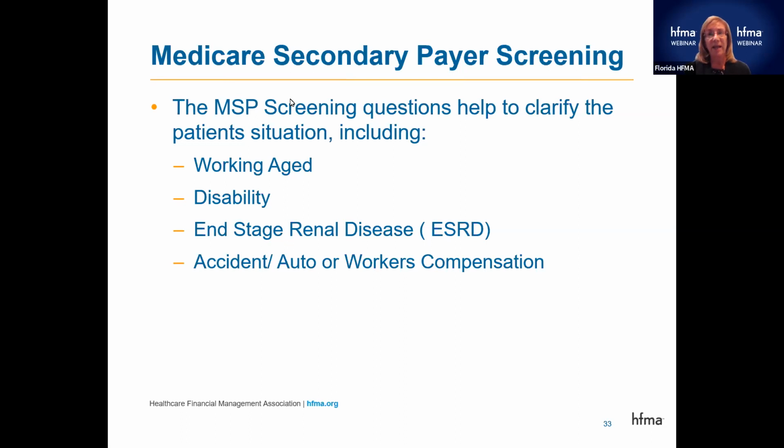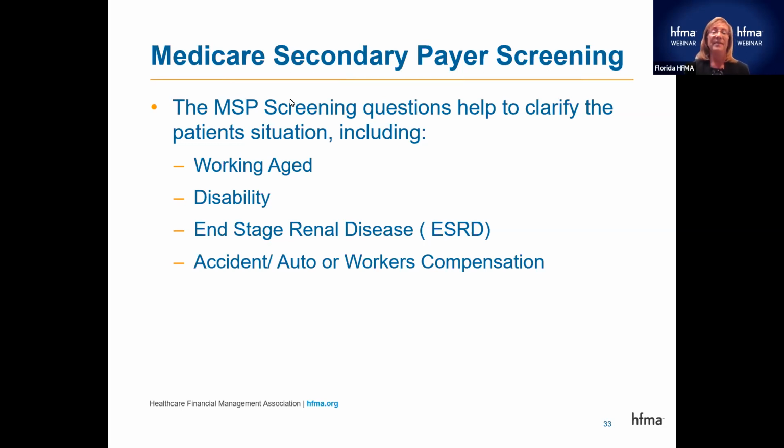If a patient has Medicare through end-stage renal disease, or ESRD, and has a group health plan, then the employer group health plan is primary during the 30-month coordination period. Once they have met the 30-month coordination period, Medicare then becomes the primary payer.